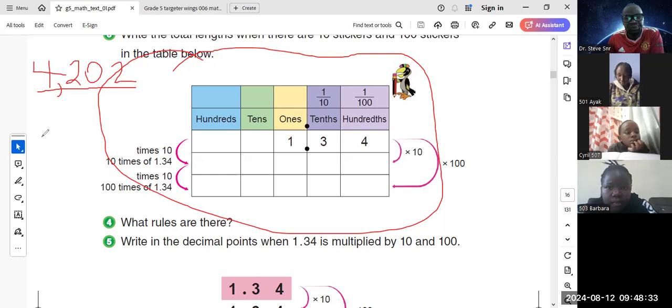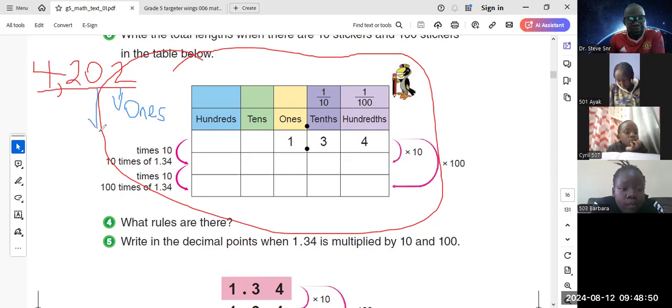Now, for example, this is 2. So here is what we call ones. The place value here is ones. When it comes to 0 here, the place value is tens. Now, when it comes to 2 here, you say the 2 here is in the place value of hundreds.